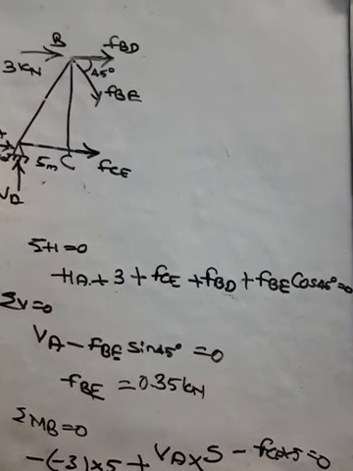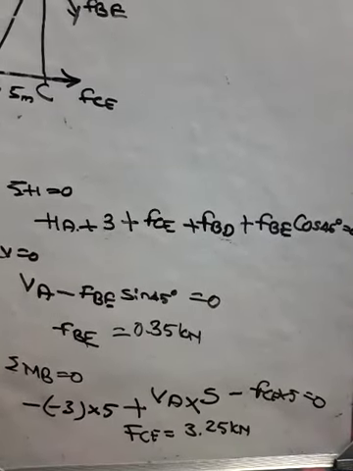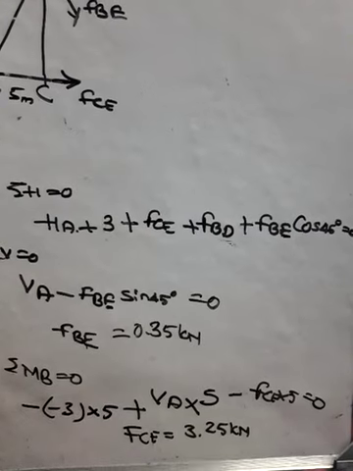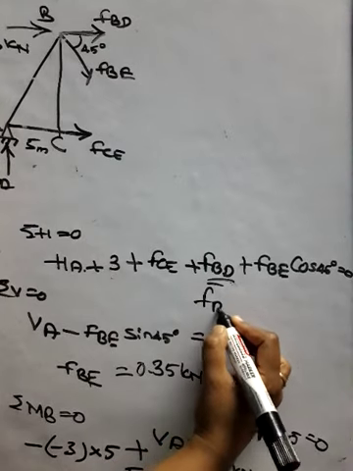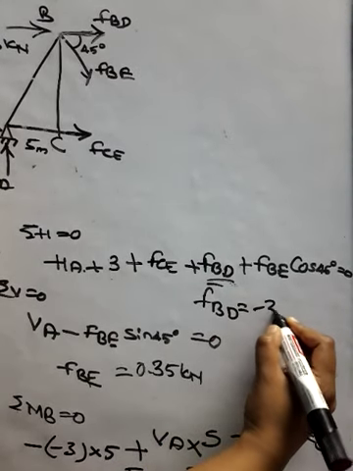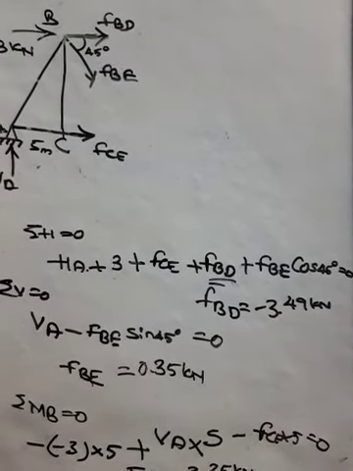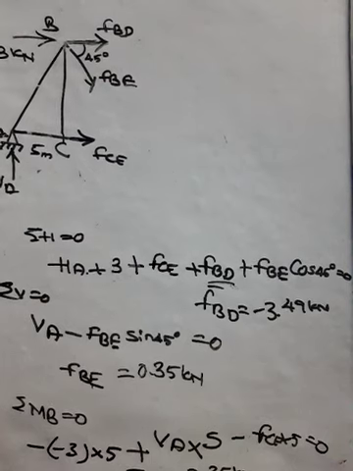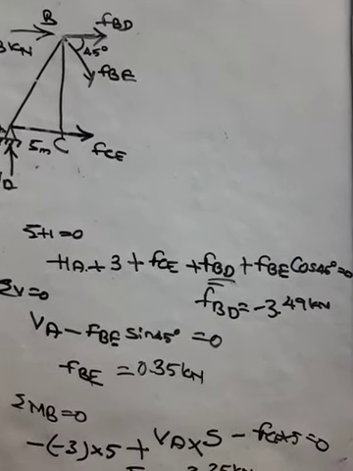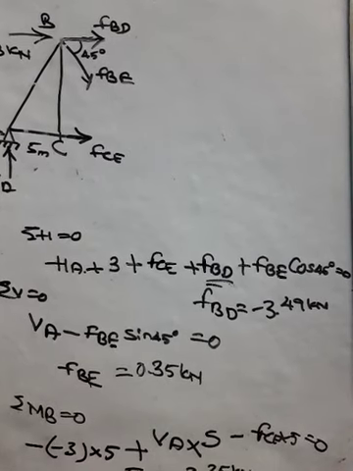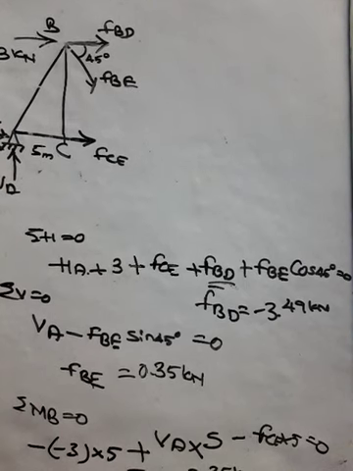If you solve this equation, you will get FCE equal to 3.25 kilonewton. After getting all these values, you will get FBD equal to minus 3.49 kilonewton. This is how you use the method of section. If you want to calculate all the member forces, you take several sections and repeat the same procedure.